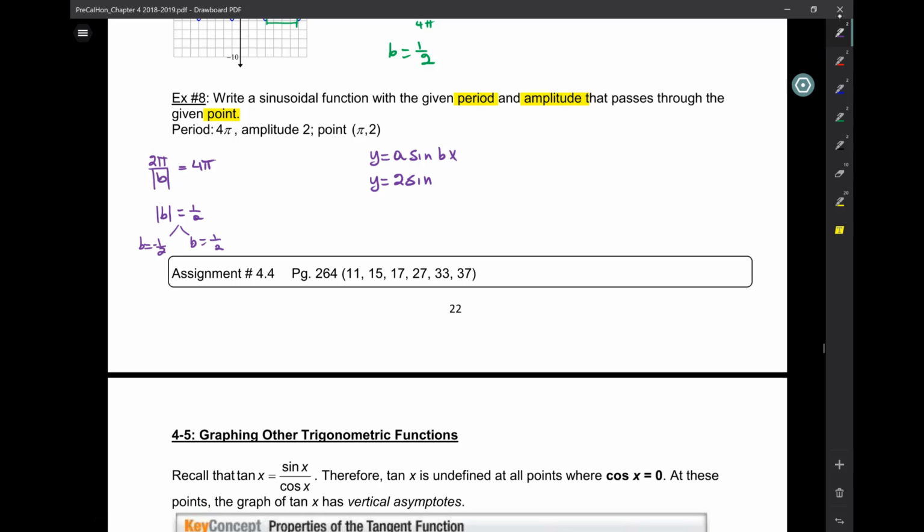So how do we figure that out? With the point that you're given. How do we use the point pi comma 2 to figure this out?